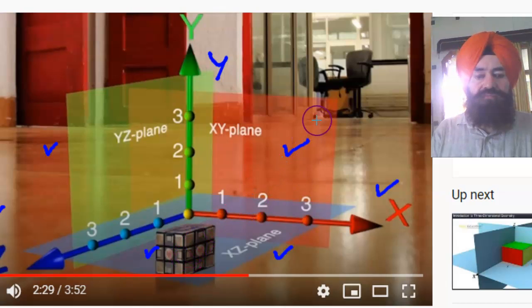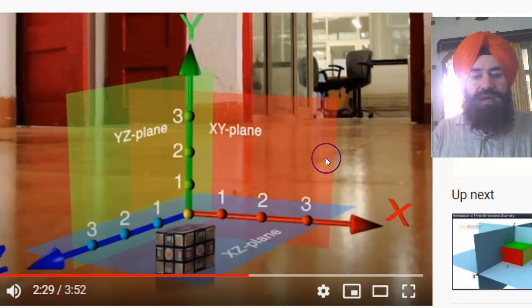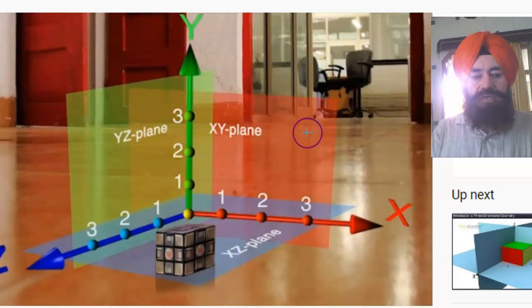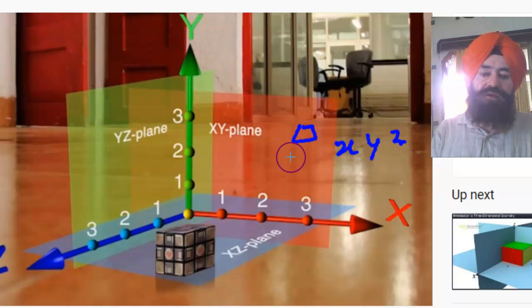Maybe your object is at this position. How? Just by finding the value of x, y and z. If we know the x, y, z values, we can fix the position of the object.